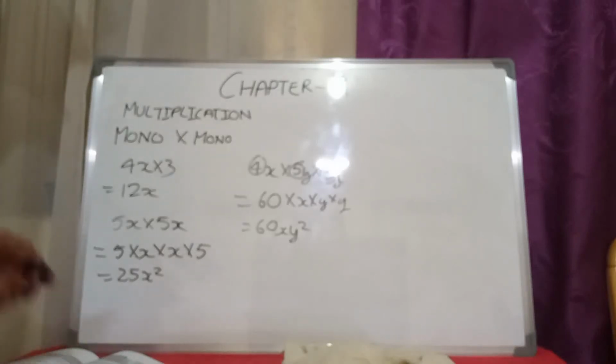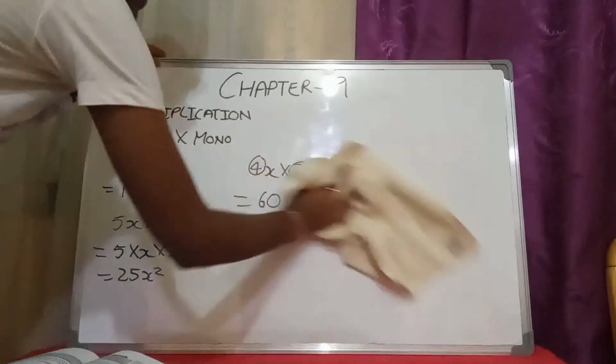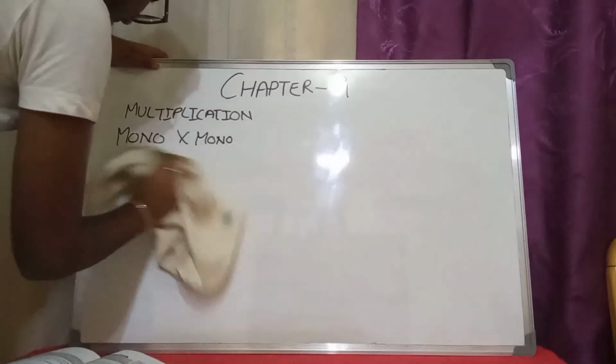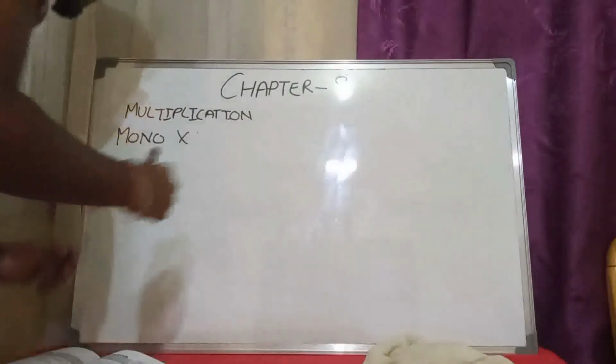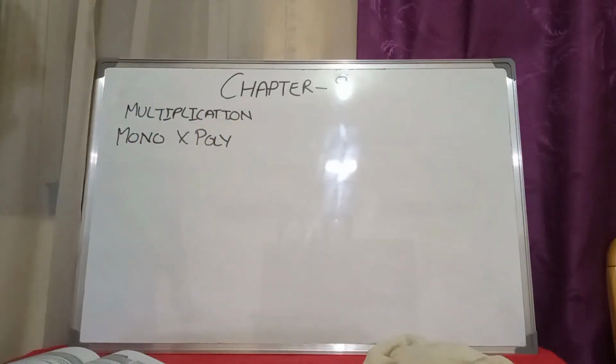Now we'll see how to do a monomial into a polynomial. It's also very similar. So monomial into a polynomial. First we'll see how to do it with a binomial. So it is very easy.